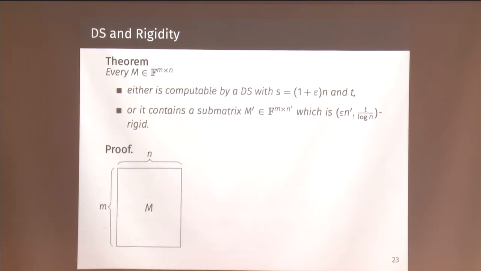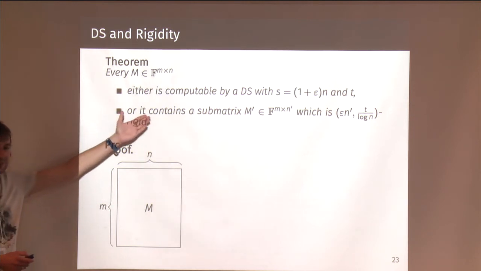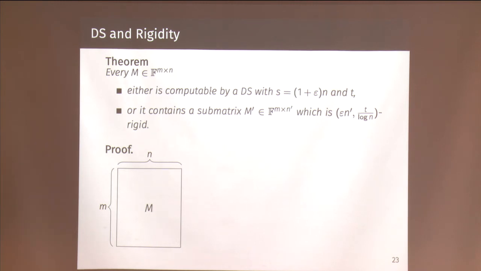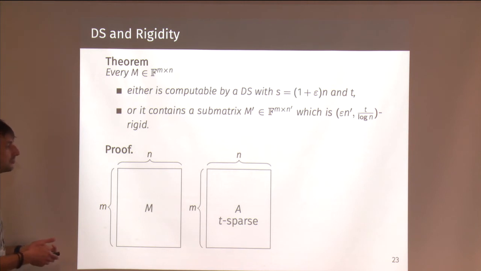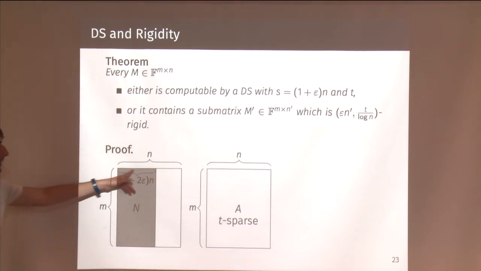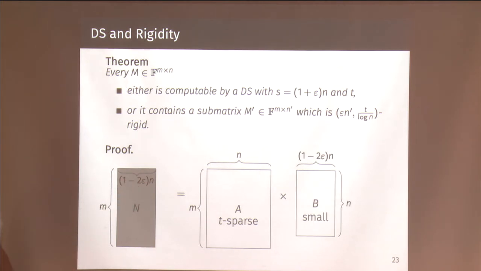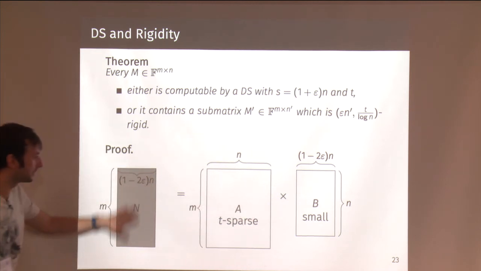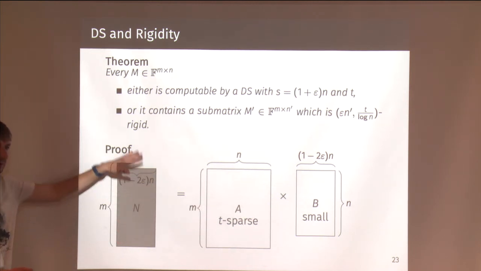We start with a matrix, M. And now, if it's rigid, I'm done. It contains a rigid submatrix. So assume it's not rigid. Then I have the structural property. I have a sparse matrix that generates a constant fraction of the column space of M. So in particular, I can multiply the sparse matrix by something to generate a constant fraction of the columns of the original matrix, just because I generate almost all of the column space of the original matrix.